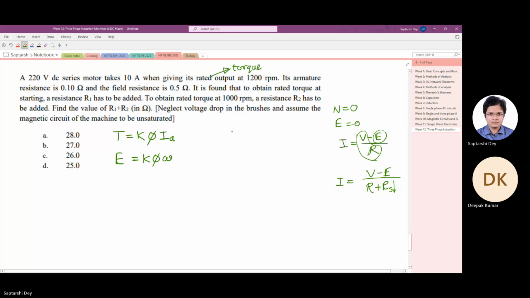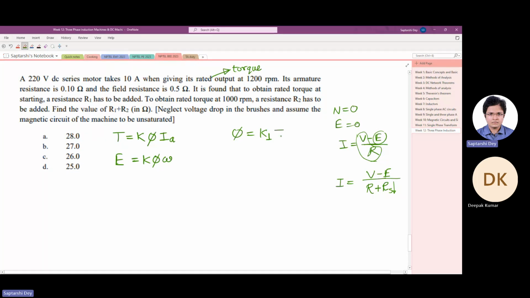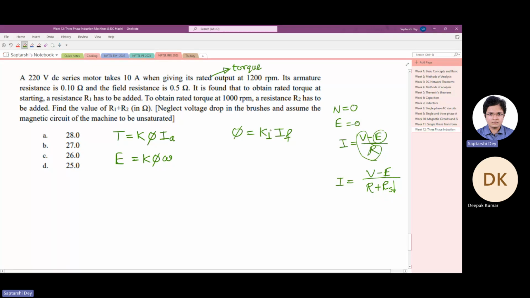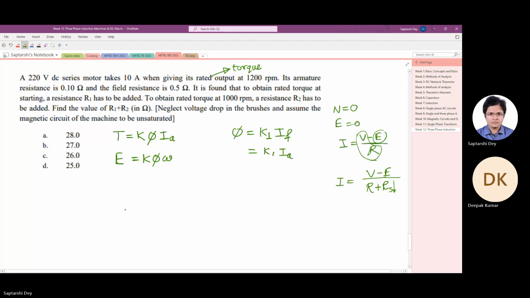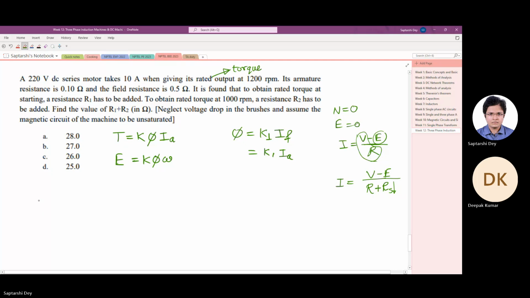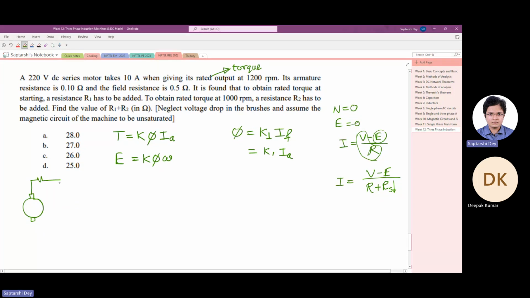phi is some other constant, say I call this K1, times field current. Now for a DC series machine, this field current is equal to the armature current, right? This DC series machine has armature circuit resistance and field circuit resistance.